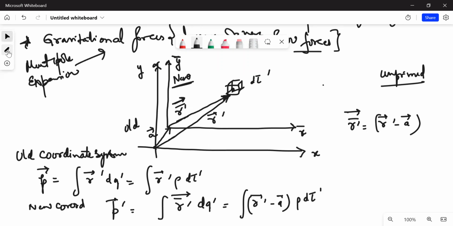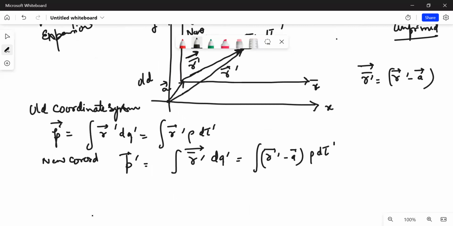Is that clear or not clear? So my p vector dash can be written as integration r vector dash dq minus a vector times integration rho d tau dash.